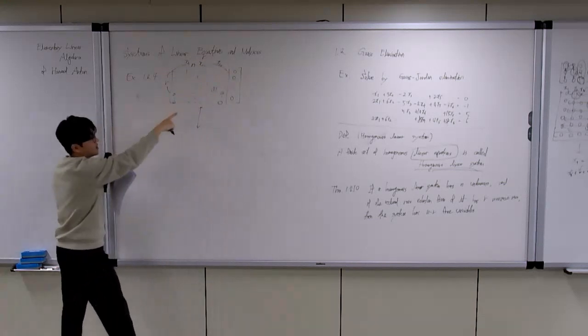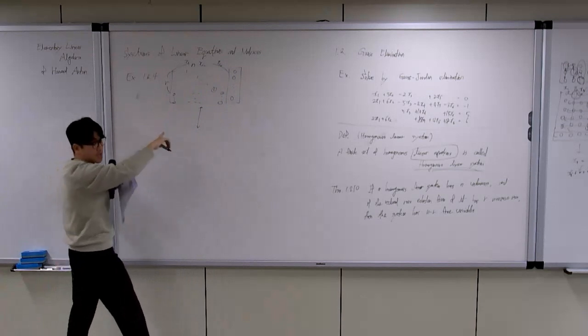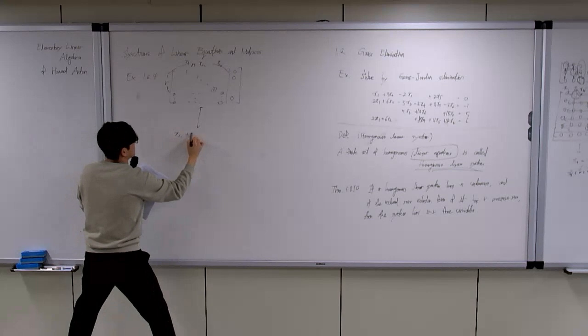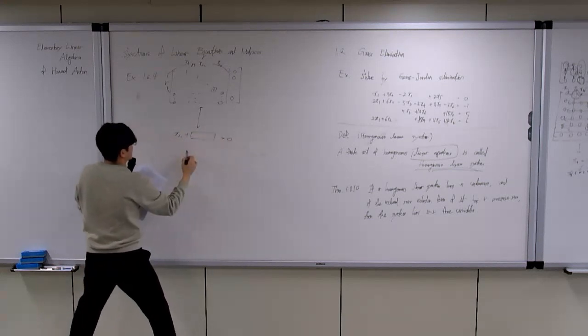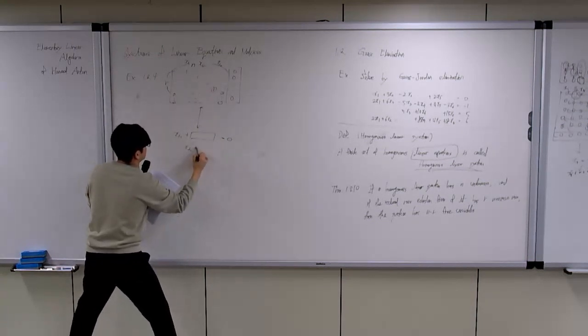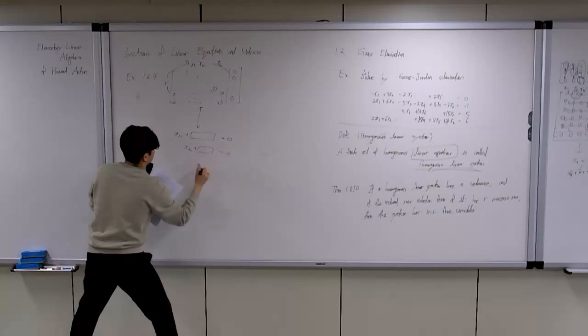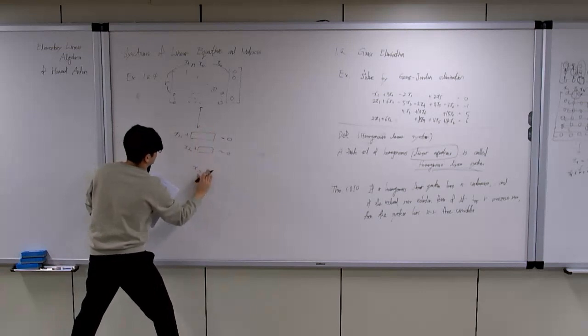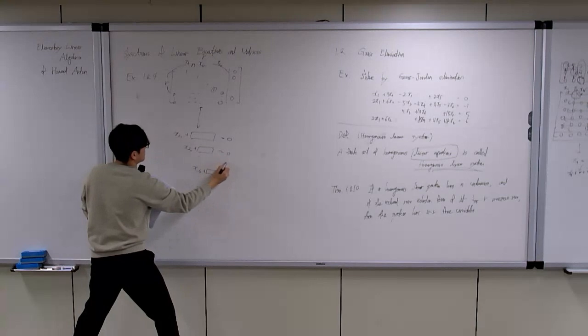If we give the indices like this, then x_i1 plus and so on is 0, x_i2 plus so on is equal to 0, and finally x_ir plus something is 0.